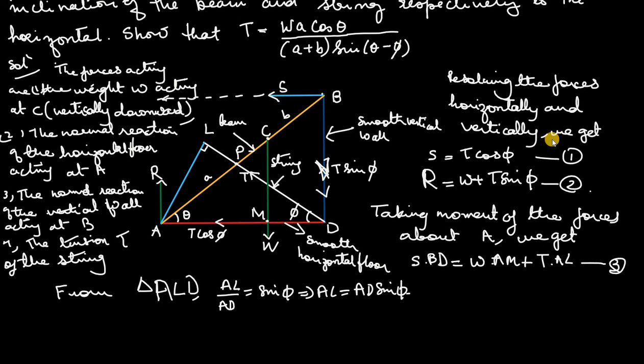Now in triangle AMC, we want to find AM. This is AM and this is theta, with a right angle at M. So AM by AC is equal to cos theta, which implies AM is equal to AC into cos theta.